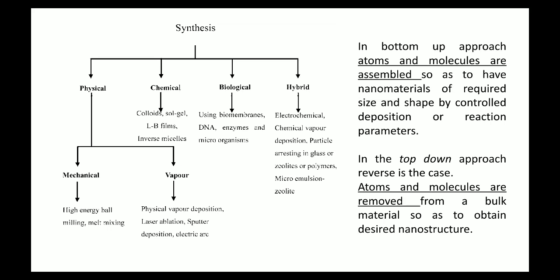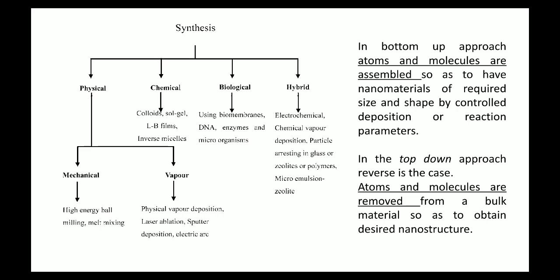Laser ablation: we use laser to prepare the nanomaterials, and ablate means we are bombarding, bombarding laser pulses to make the nanomaterials. Sputter deposition, and electric arc. These are the techniques which come under the physical vapor deposition techniques.